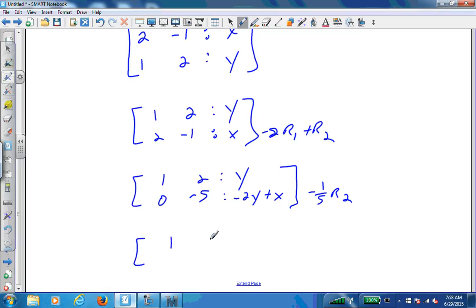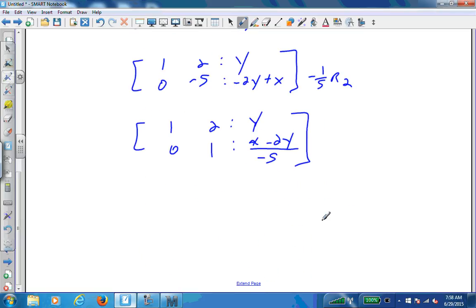So that gives us 1, 2, y, 0, 1. We could call this x minus 2y over negative 5. Or you could move the negative up top and make that a minus and that a positive.